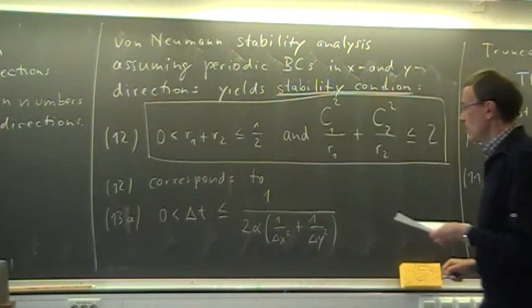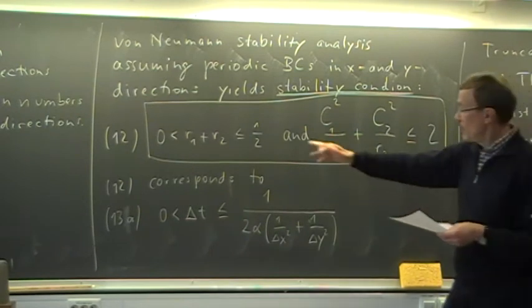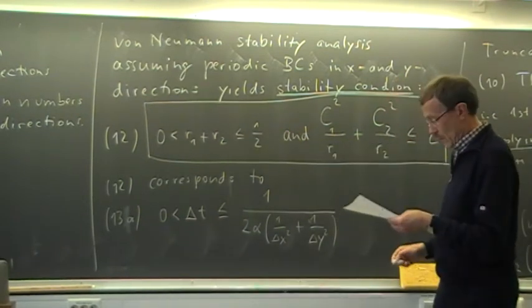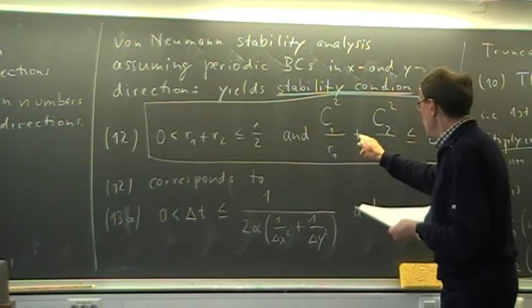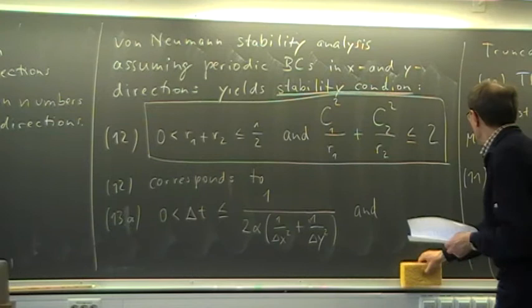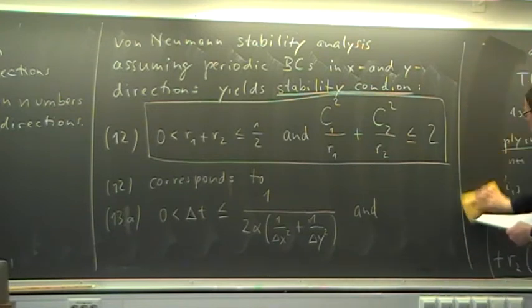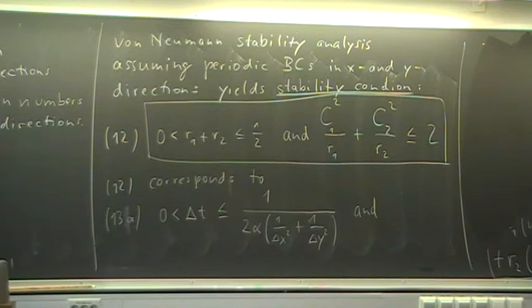So that is one condition coming from the first one. And we should have this condition satisfied. If we write out what this ratio of Courant number squared and von Neumann number means, we find out that this is the cell Peclet number.